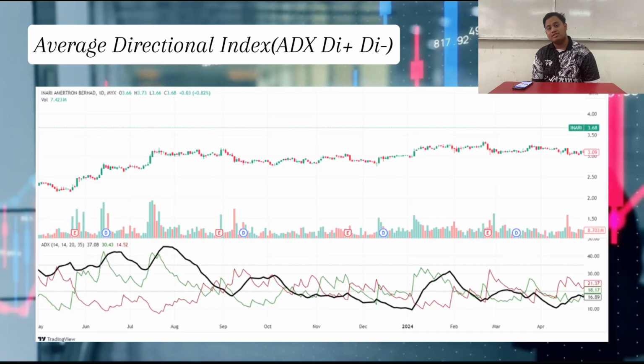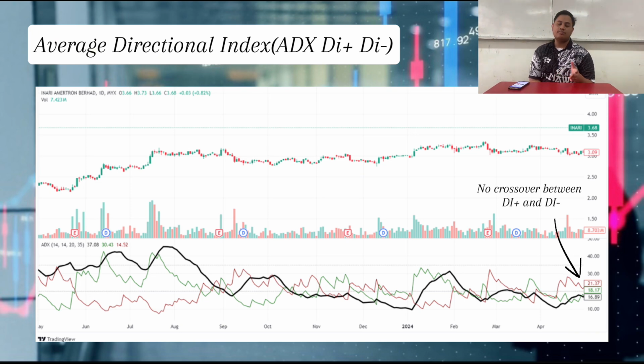For the sell signal, it is when the DI plus crosses the DI minus from above. Based on the 30 April 2024 data for Inari stock using the ADX indicator, there is a hold signal because there is no crossover between the DI plus and the DI minus.